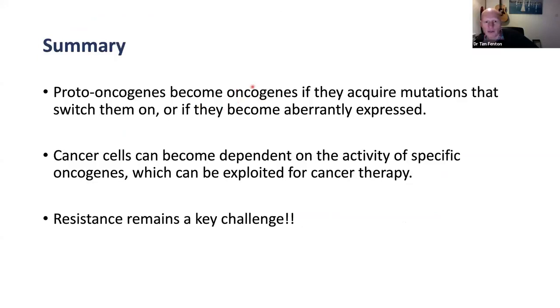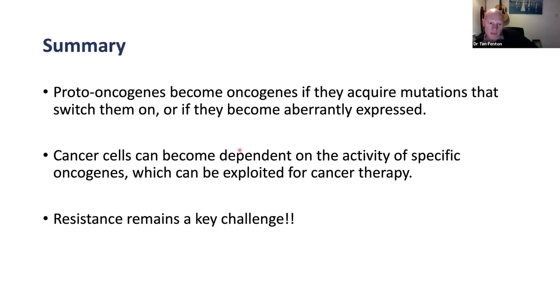So onco, from the Latin, basically for tumor. So a cancer-causing gene, essentially. If they acquire mutations that switch them on, or if they become aberrantly expressed, like that case where the HER2 gene was amplified, that would still count as an oncogene. It's being expressed in an amount much larger than it should be.